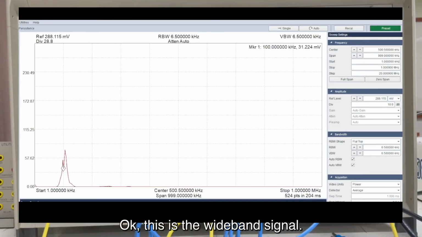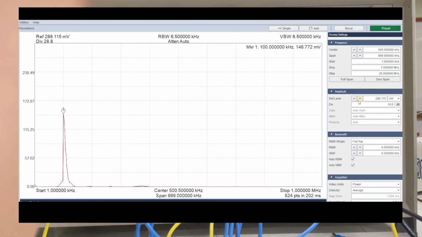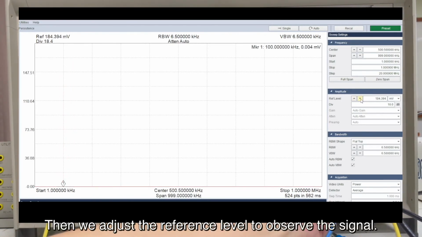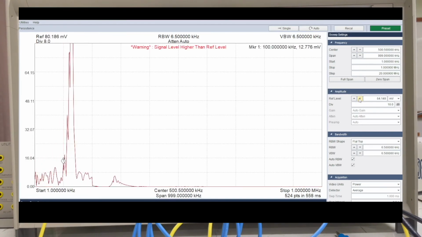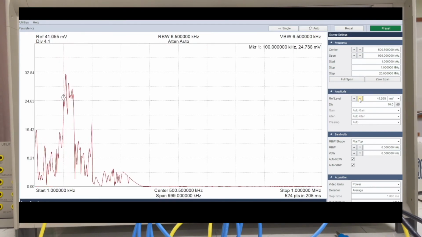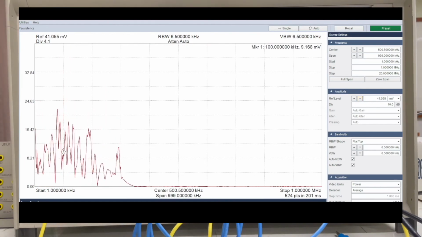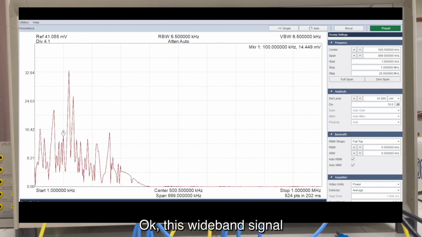Okay, this is the wideband signal. Then we adjust the reference level to observe the signal. Okay, this is the wideband signal.